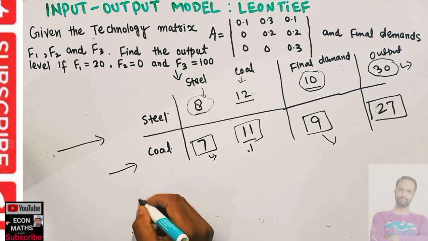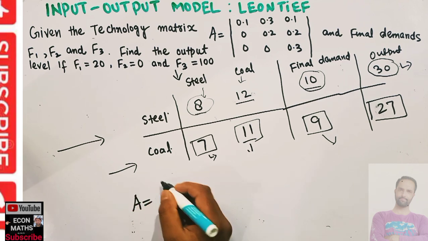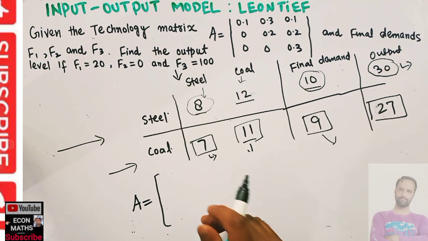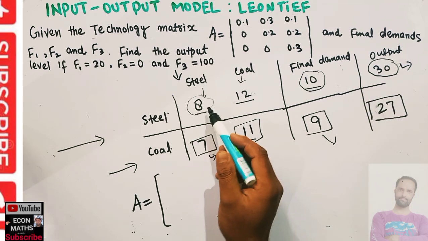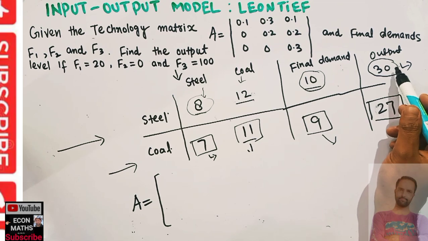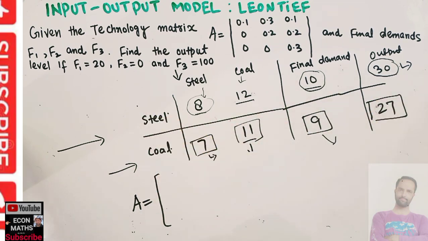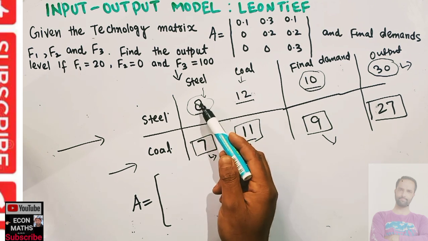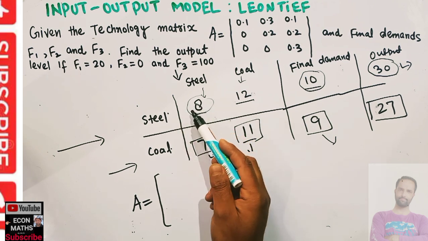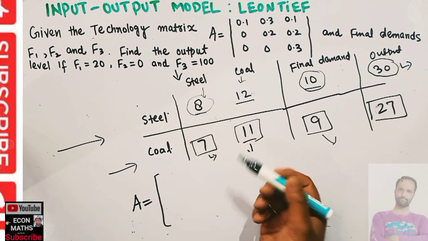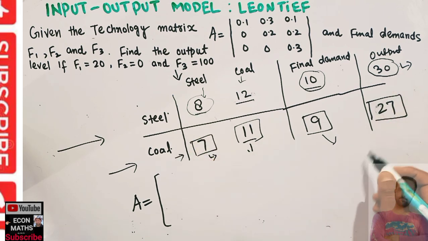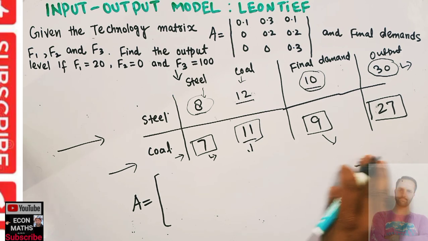So if I want to draw the technology matrix of this very data here, what does it tell us? It simply tells us that to produce 30 units of output of steel, we require 8 units of steel as input. Let us say we are producing 30 units of steel.